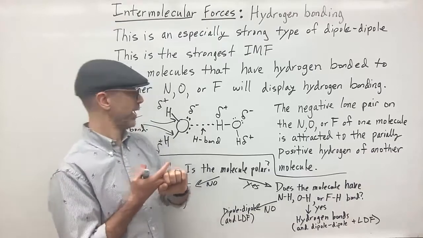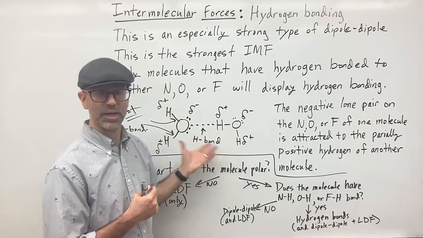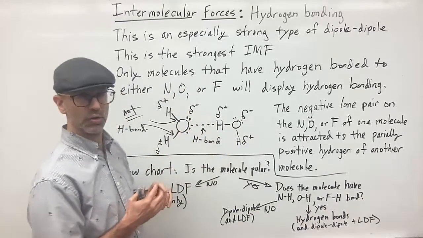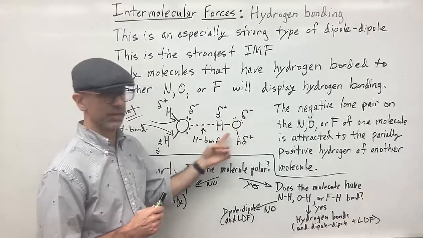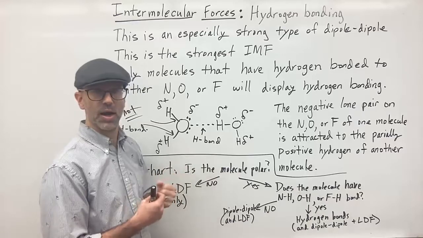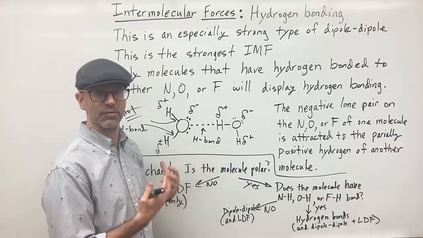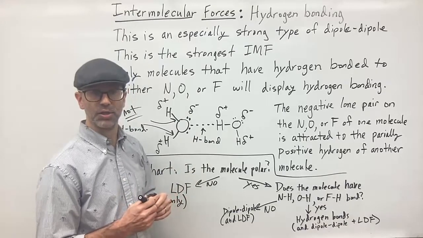And then finally we have hydrogen bonding, which is the strongest of the three. That's because the electronegativity of these particular atoms creates a stronger polarity in the bonds, and therefore a stronger interaction between the molecules.